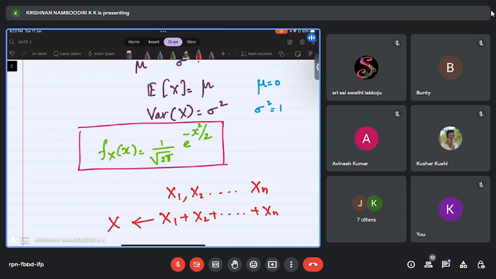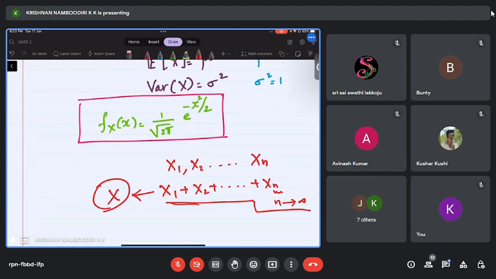As n goes to infinity, this x will become Gaussian or normal. That is one significance. This is known as the central limit theorem. And there are plenty of other reasons why we go for Gaussian random variables.